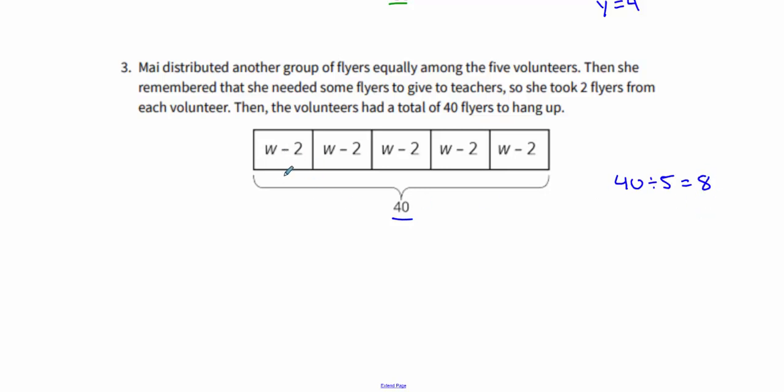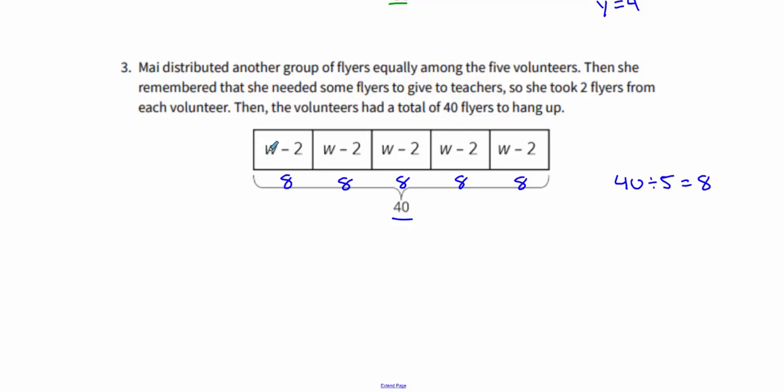So that must mean that each volunteer now has 8 flyers. But that was after she took them away. So how many flyers did she give them before she took 2 away?